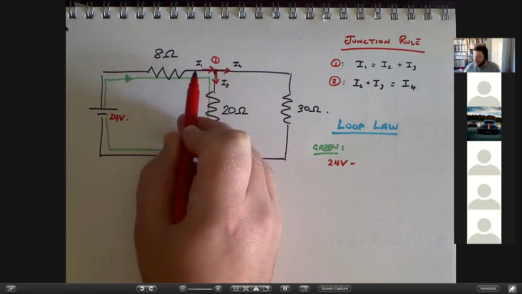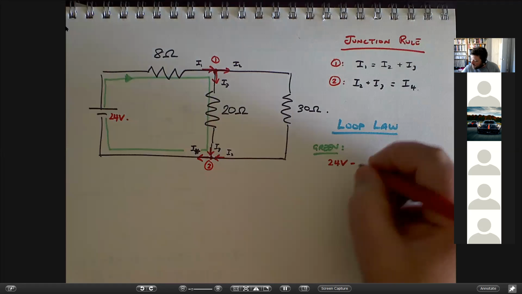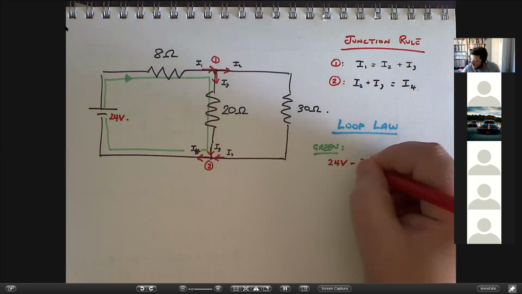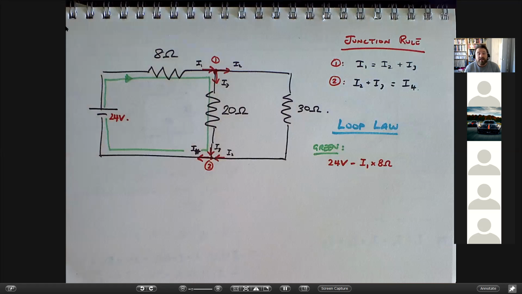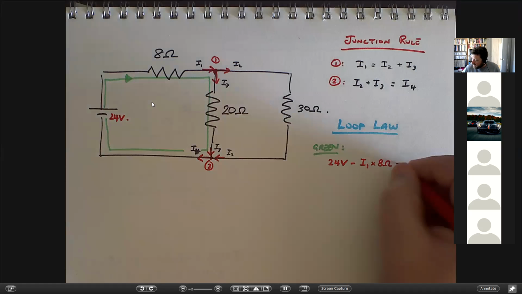V equals IR on that resistor, so it's I1 times 8 ohms. Then we're going to go across the 20 ohm resistor, and the amount lost on that one is I3 times 20 ohms. So minus I3 times 20 ohms.